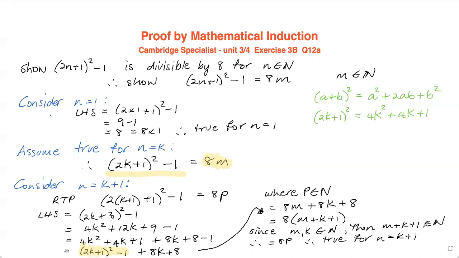So basically that's our proof now of mathematical induction. We would just make a final statement that therefore, by the process of mathematical induction, we can say (2n+1)² − 1 is divisible by 8 for all n.